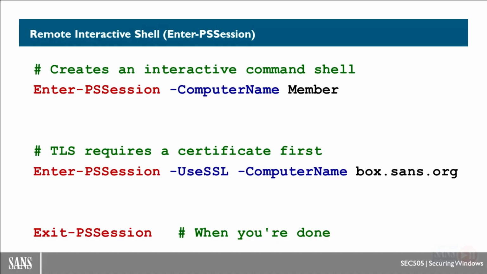Once you connect, however, it looks exactly the same. So whether you're using, let's say, Kerberos inside the LAN, and then encrypting the traffic from a key derived from the Kerberos authentication, or whether you're going over the internet and authenticating with certificates, and then TLS encrypting all the traffic, once you have that remoting session, that command shell looks exactly the same. It doesn't look any different.